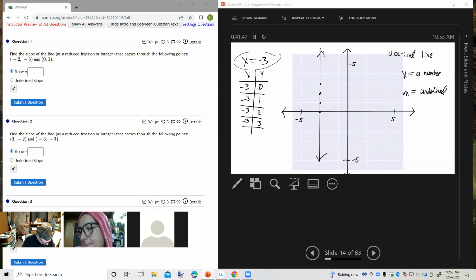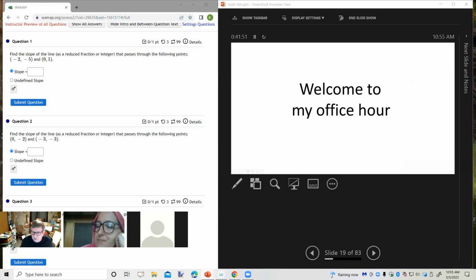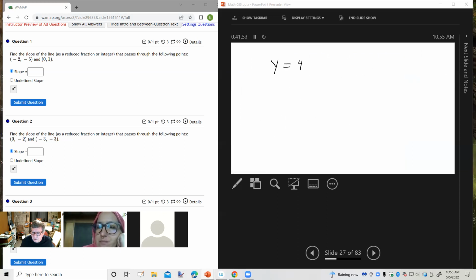All right. So let me ask you this. What's the slope of the line whose equation is x equals -4? What would the slope of this line be? Undefined.